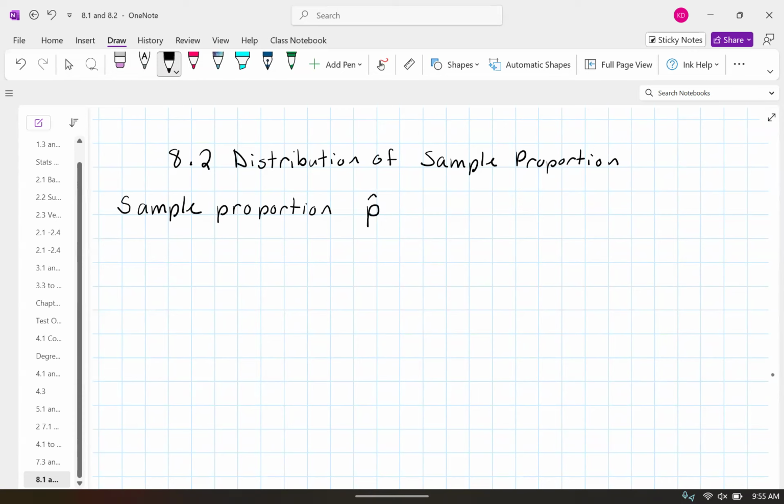This is our p hat, x over n. Be careful not to mix up this p with probability because we're going to use that as well. We really like to reuse letters, but probability typically has a capital P and your sample proportion is a little p.